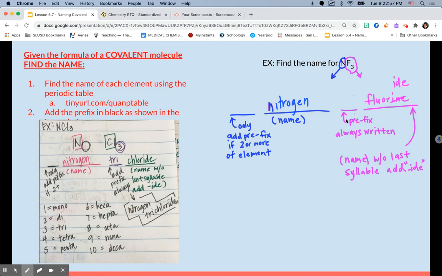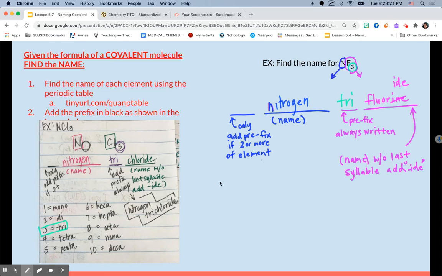You'll also notice here the prefix is always written. So the prefix tells me how many of the element fluorine I have. Notice we have three fluorines, so my prefix for three is going to be tri.